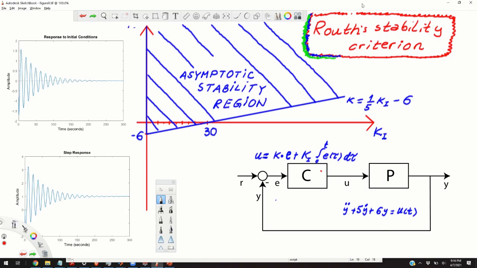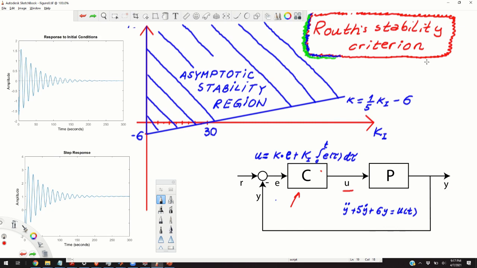Okay, so here's our basic problem formulation. Our goal is to choose the parameters of our controller C such that when we apply the control input to the plant, the closed loop system becomes stable, and such that when we apply a step reference signal, the output in steady state will follow this step signal.